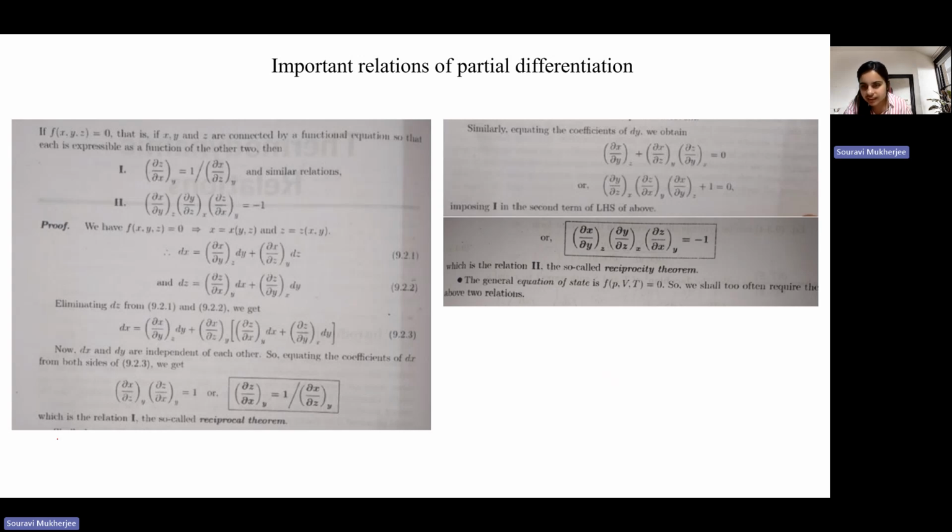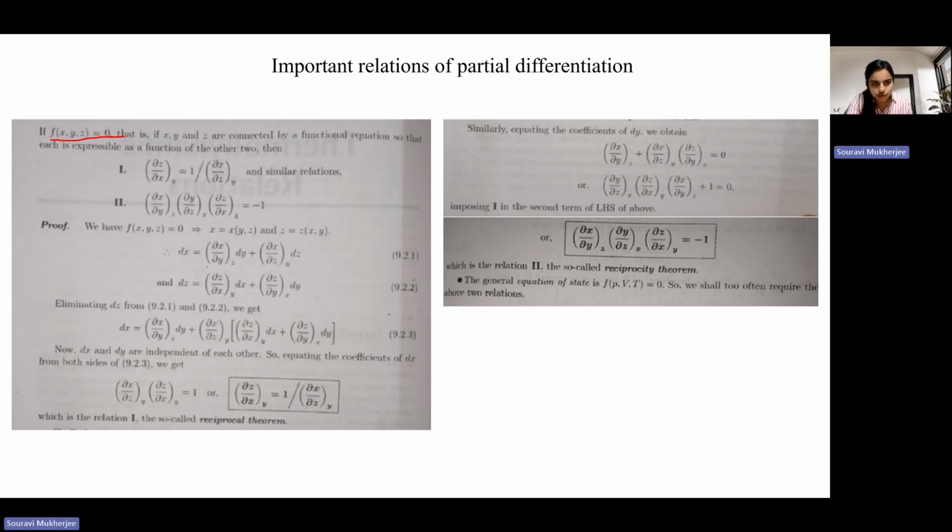I will not go into the details of it, but briefly, if you have some function of x, y, z equal to 0, you can always say that they're related by a functional equation. So you can write z as a function of x and y.